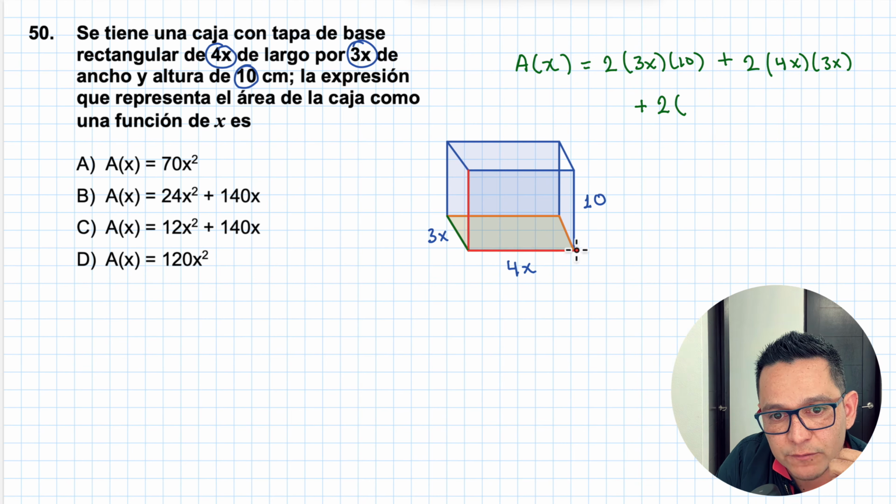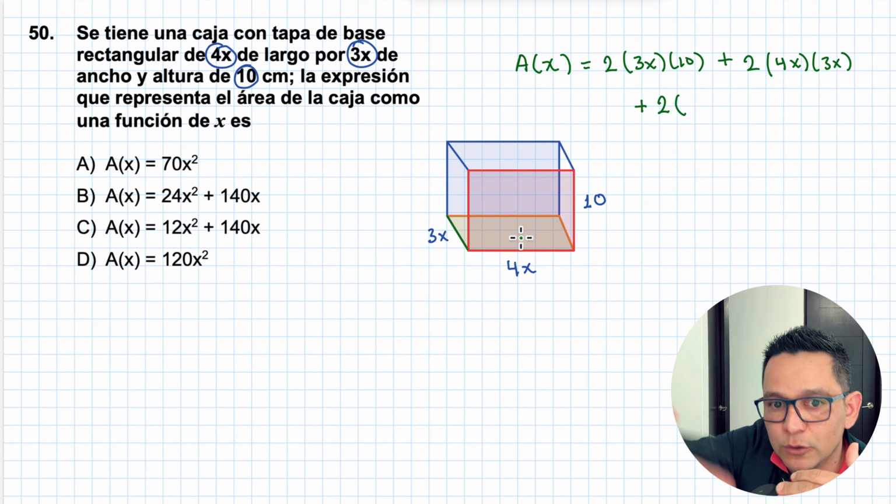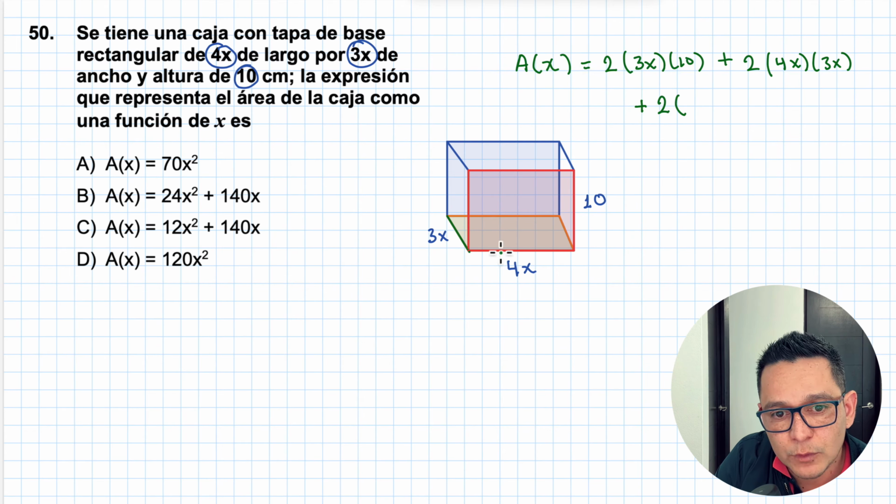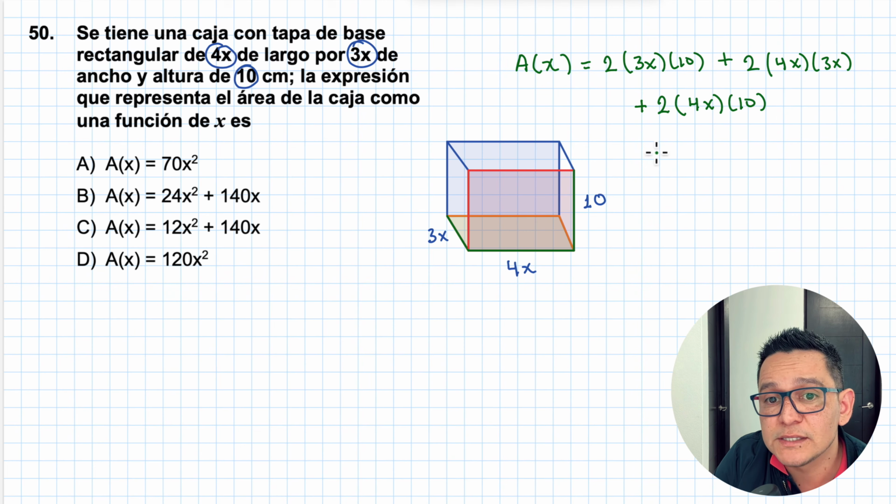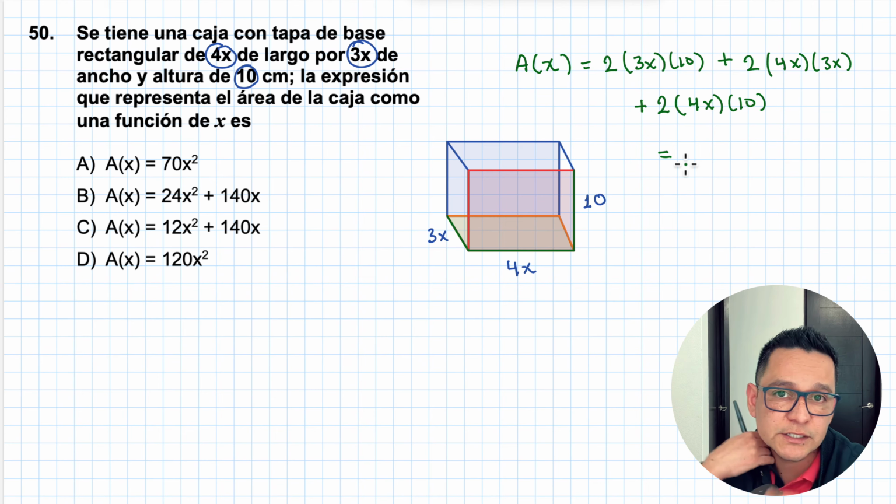Look, I'm referring to this one right here, the one marked in red, and obviously the one on the other side, right? Now, what would its measurements be? Well, in this case, it has a base of 4x and a height of 10, right? So let's write that down. Then we have 2 times 4x times 10. All right. Now all that's left is to do the operations and simplify.